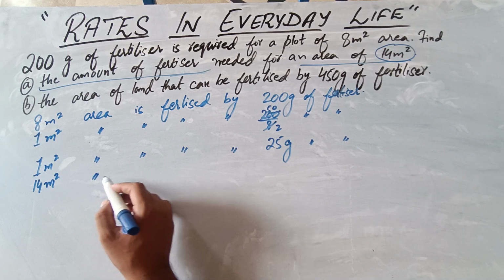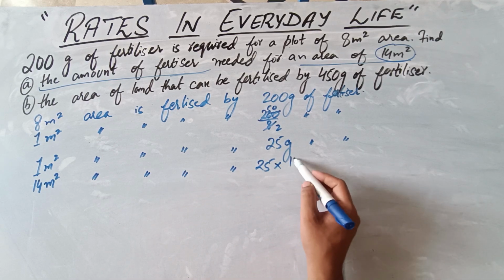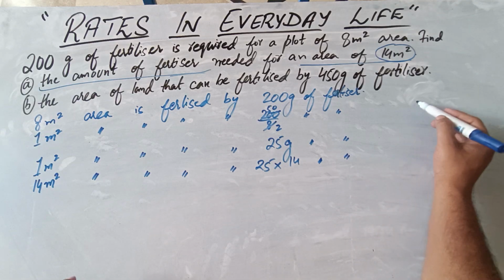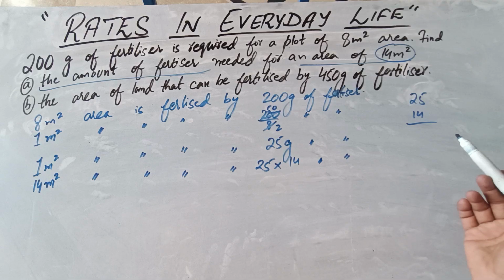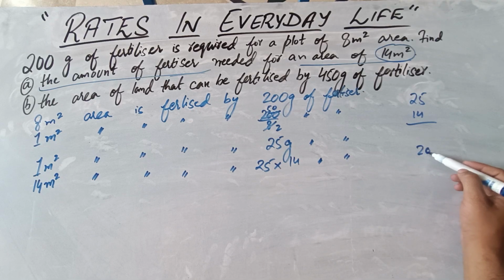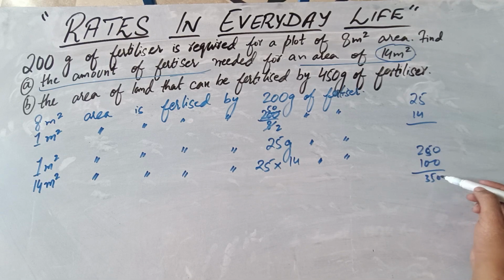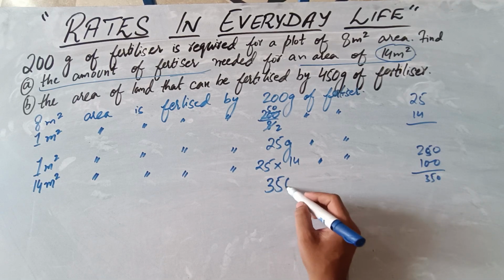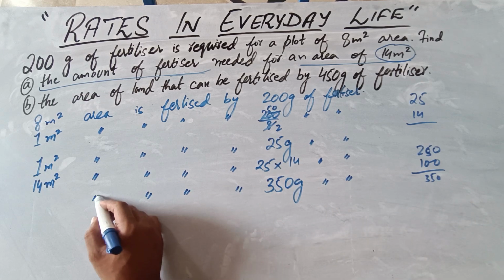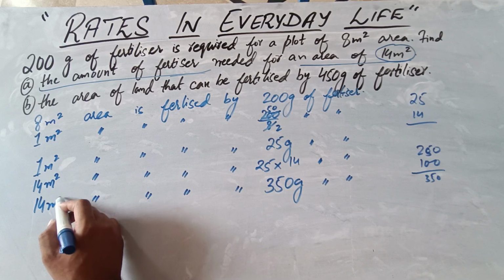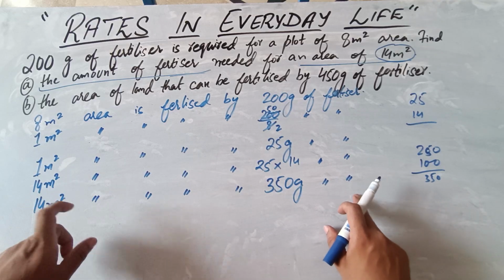So 14 meter square area is fertilized by 25 multiplied by 14 grams of fertilizer. Now we will multiply 25 by 14, so 25 times 10 is 250 and 25 times 4 is 100, so the final answer would be 350. So this gives us 350 grams of fertilizer needed to fertilize an area of 14 meter square. This is self-explanatory, so there is no need to write a statement.